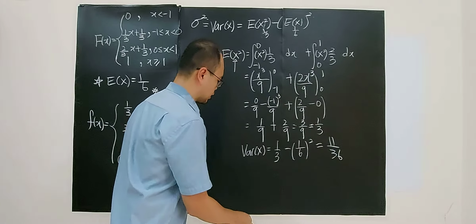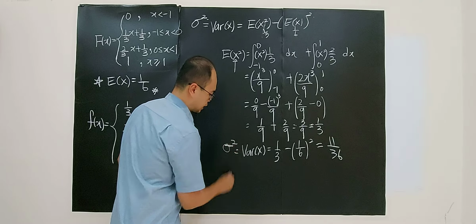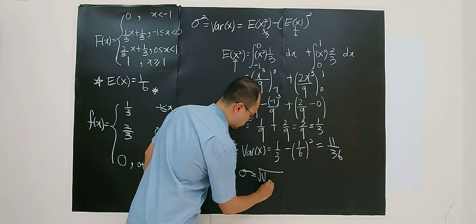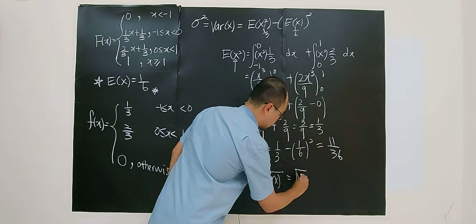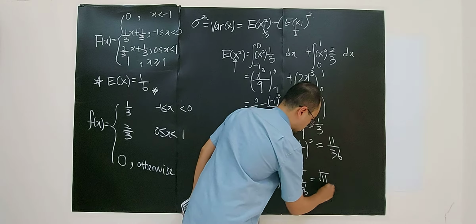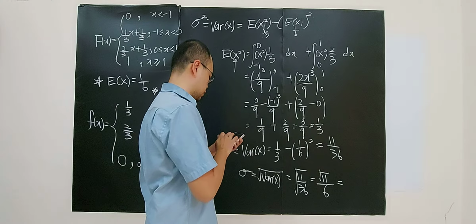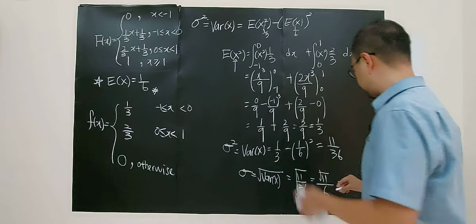But the question requires us to find the standard deviation. The standard deviation will be the square root of the variance of x, which is the square root of 11 over 36. Your answer should be square root of 11 over 6, or you can give it in 3 significant figures, which is 0.553.